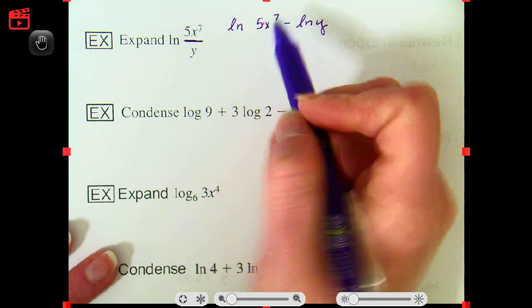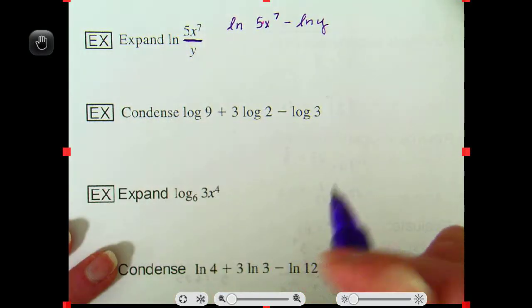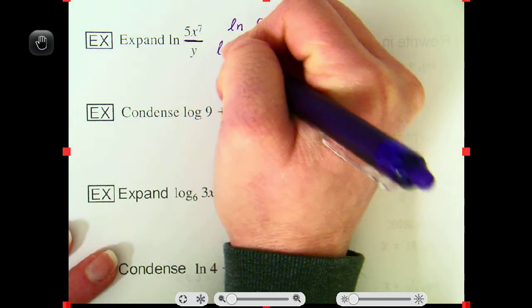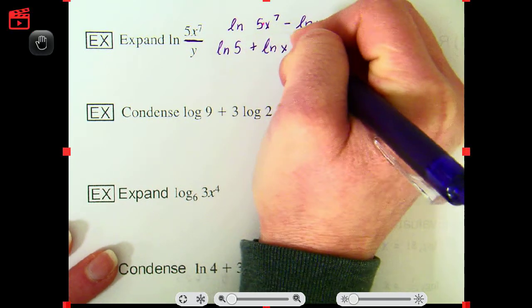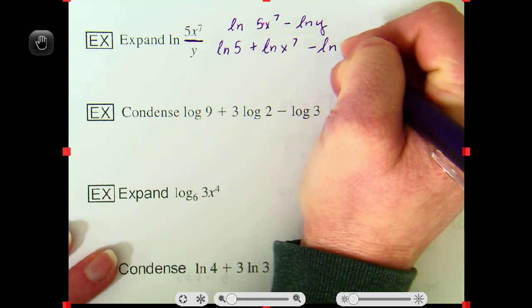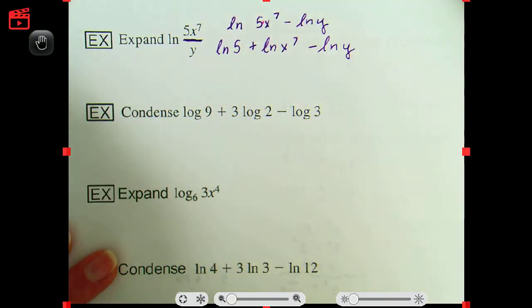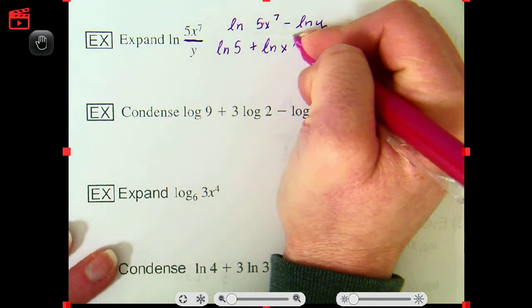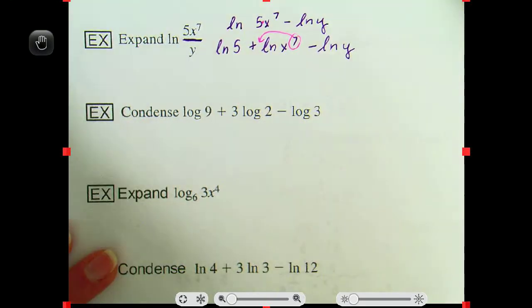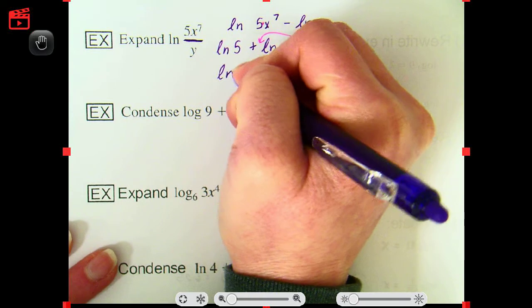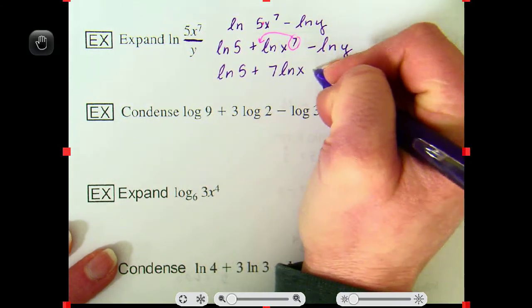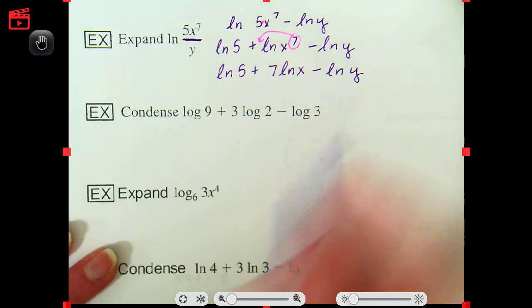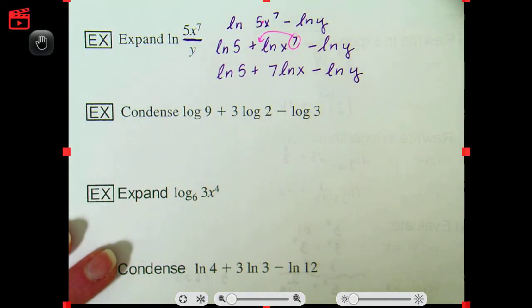So since this is multiplication, I can change that to addition. So it would be natural log of 5 plus natural log of x to the 7th minus natural log of y. And now I can move this power to the front. So I would have natural log of 5 plus 7 natural log of x minus natural log of y. And that is fully expanded.